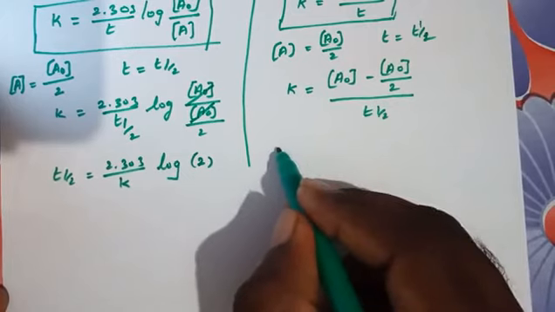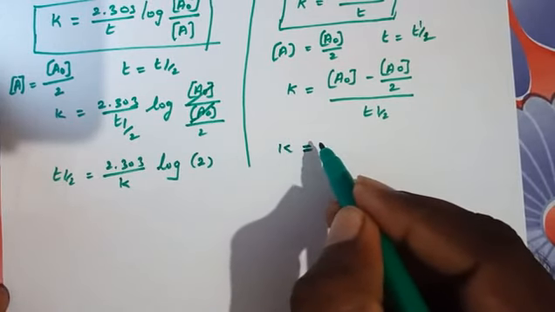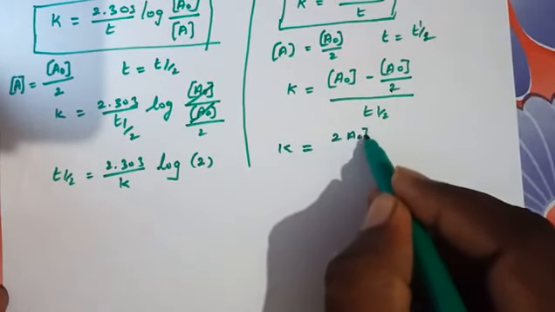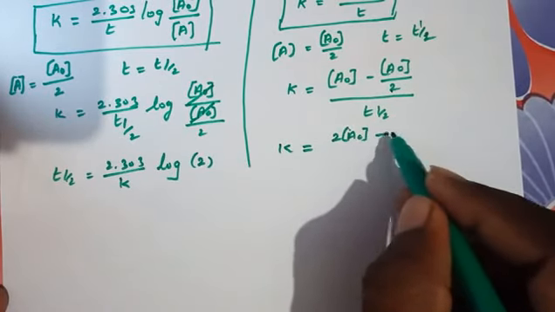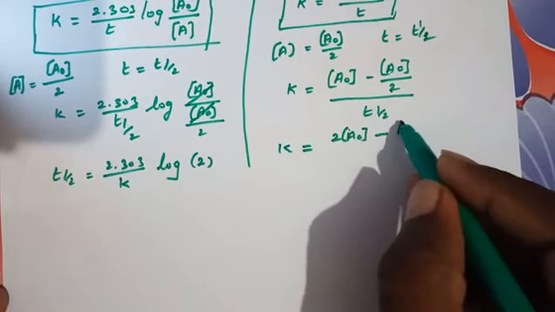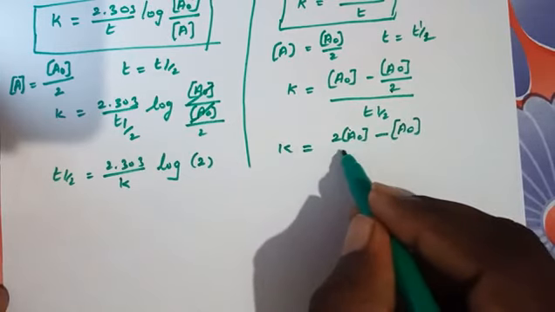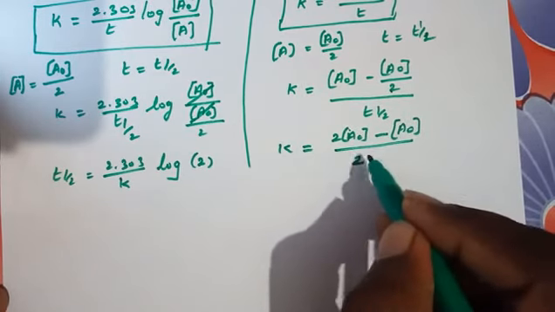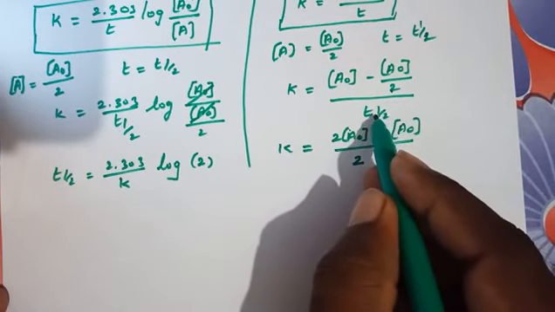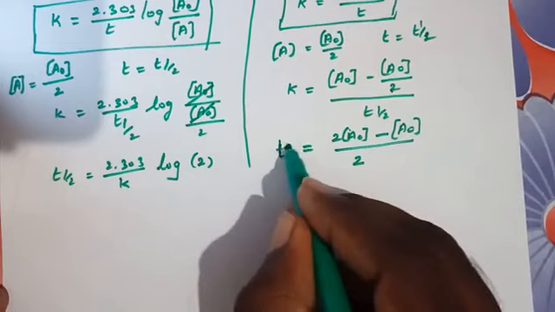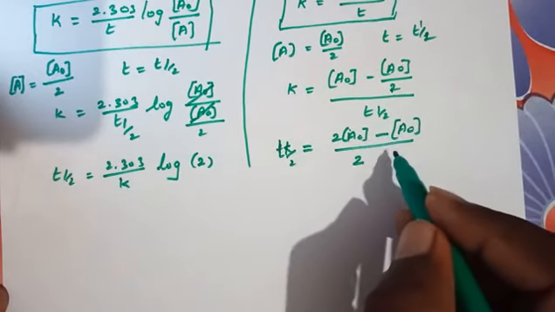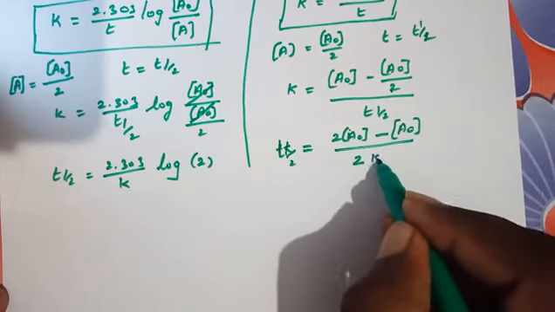In the same way, for a zeroth order reaction, k is equal to 2 into A naught concentration minus A naught concentration divided by 2. Suppose k comes to the right hand side, in a similar way t half is exchanged. In the sense, t half is equal to 2 into A naught concentration minus A naught concentration divided by 2 into k.